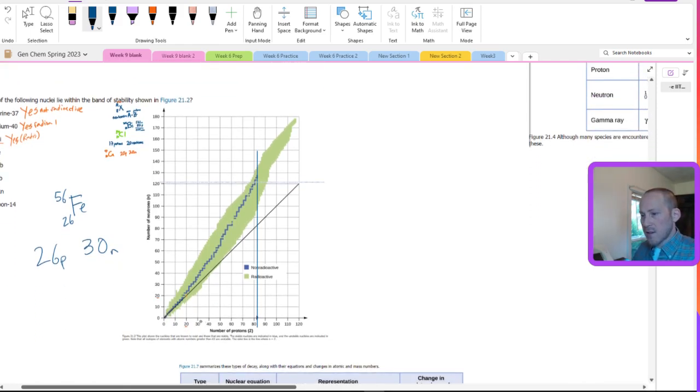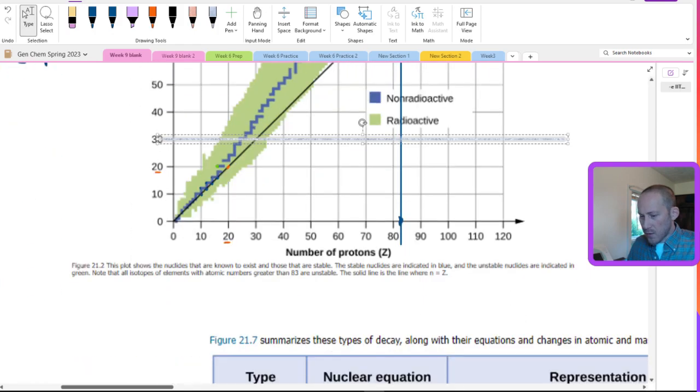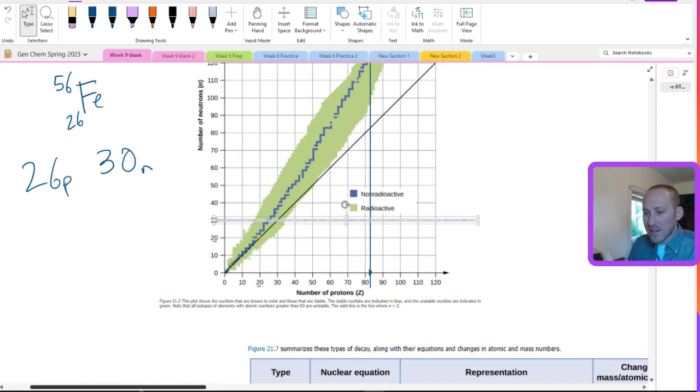And I guess now that I drew these lines, let's just use them. So we're going to move this down to 30. Well, I guess we didn't. There's already a line on 30, but there it is again. And 26.